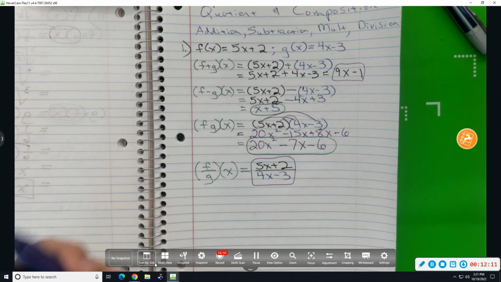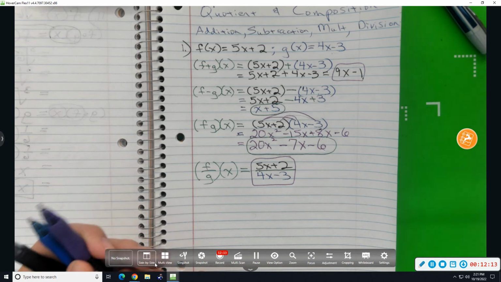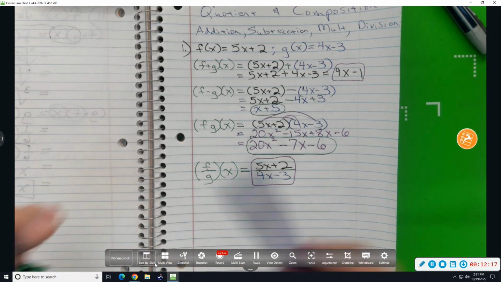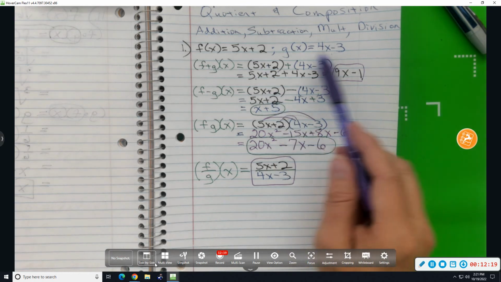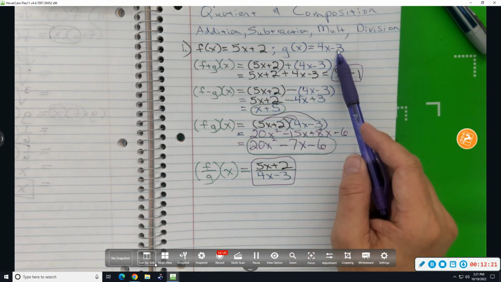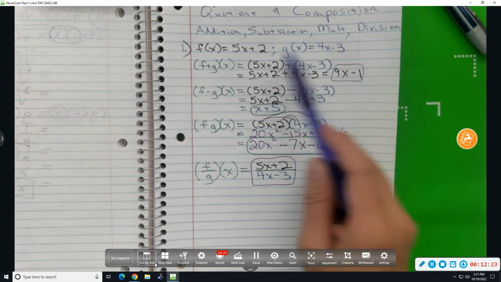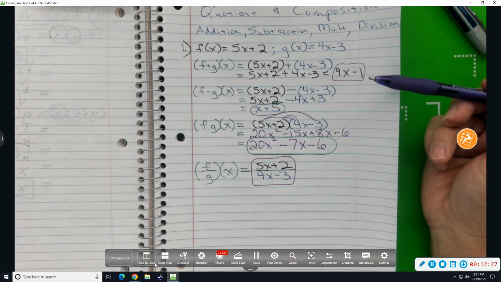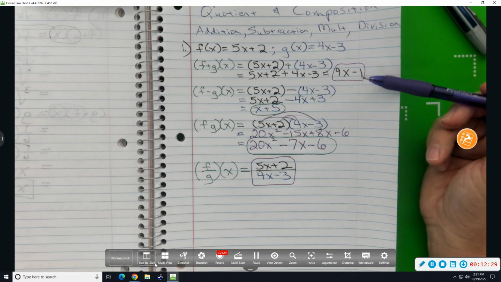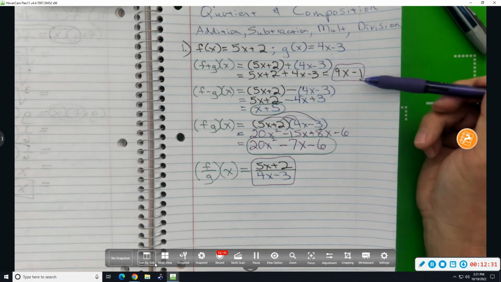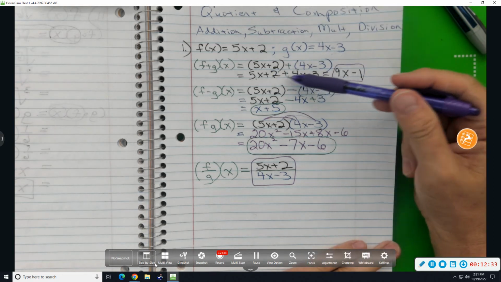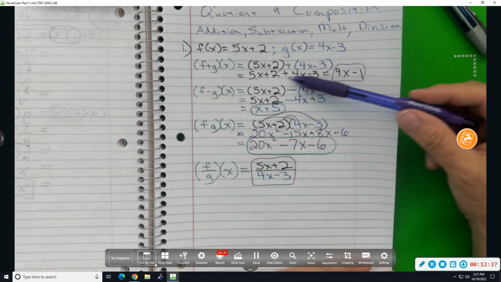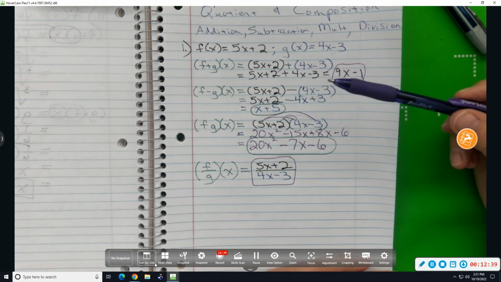They want the domain for f plus g, f minus g, f times g, and f divided by g. Remember, we already said for f and g, no fractions, no radicals, so the domain's all real numbers in the original functions. F plus, f minus, and f times are all going to have the same domains. Look throughout the work. Don't just look at the final answer. Look through and ask yourself throughout the work, are there any fractions?